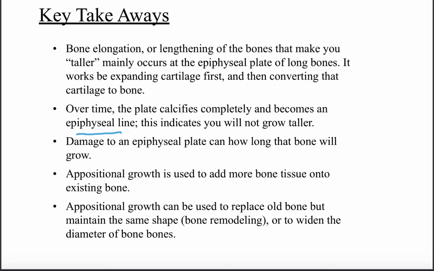And this happens at approximately the age of 25, more or less depending on genetics. Some of you will have it close up in your early 20s. Some of you will have it close up later than that. And generally, the growth you do in your very early 20s is very minimal. I think I gained like half an inch in 5 years, something like that, compared to your middle school and high school years.